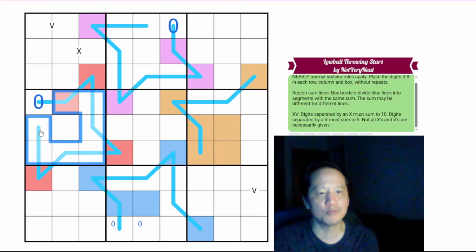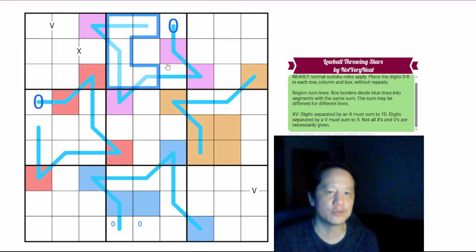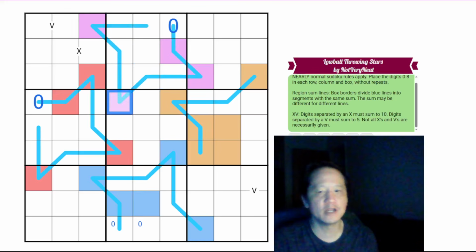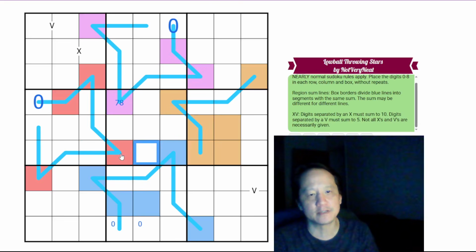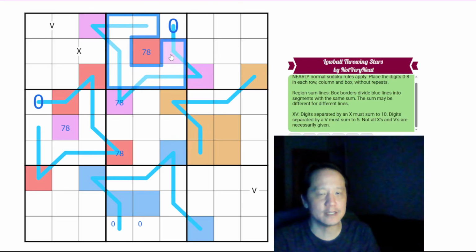Because the only place for 7 or 8, if red or pink were 6 or less, is the central cell in both for red and pink. So red and pink must be 7, 8 as a pair. And the other 7 or 8 is the corresponding pink or red, which is not in the central box.